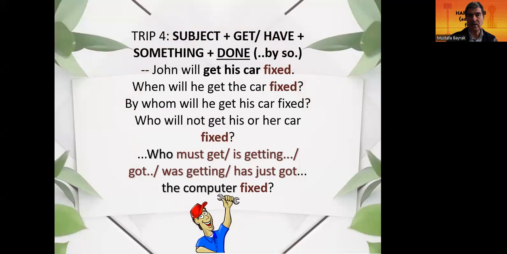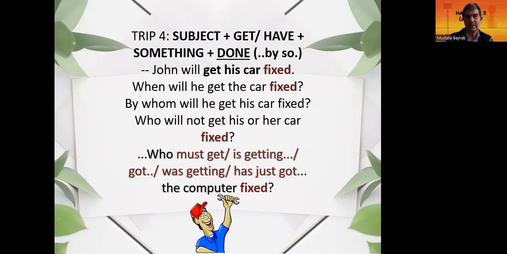Okay, trip 4. Now, you know this subject, get or have something done by somebody. Because of that "by somebody," it is not very clear to see that it is the passive voice of causatives, but because of that "by somebody," by the agent, we feel that it is the passive form of the causative voice.